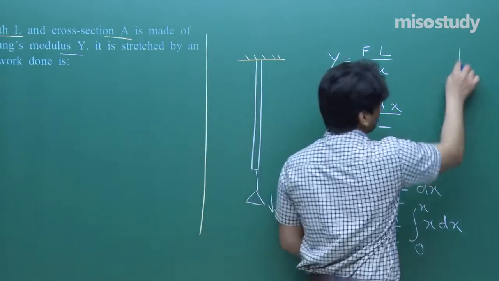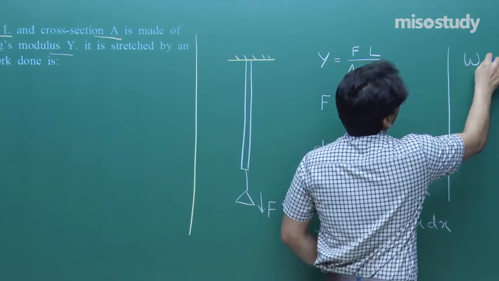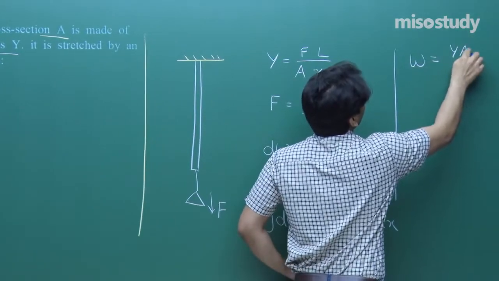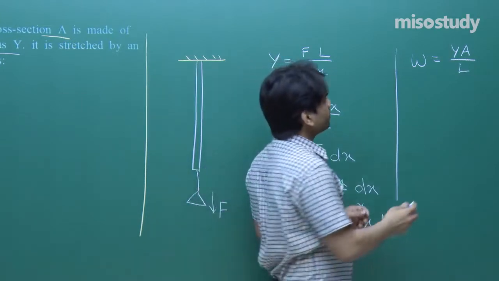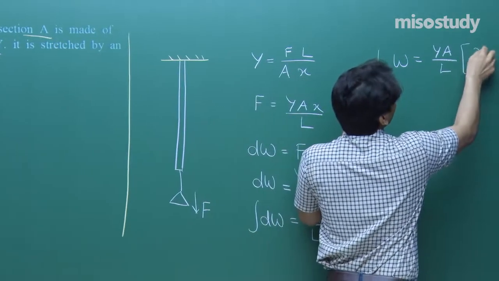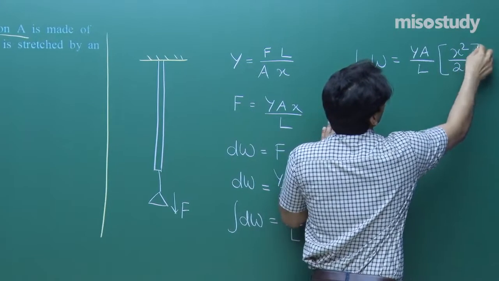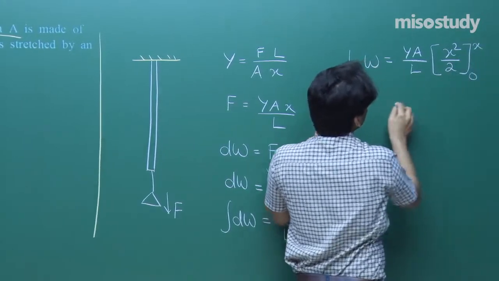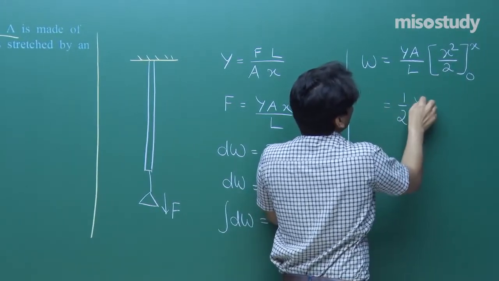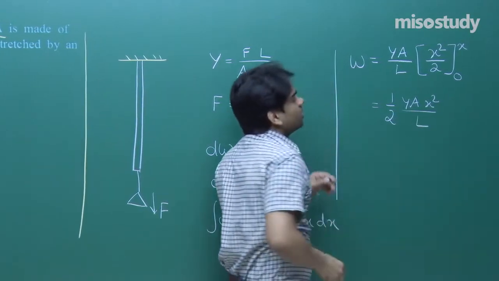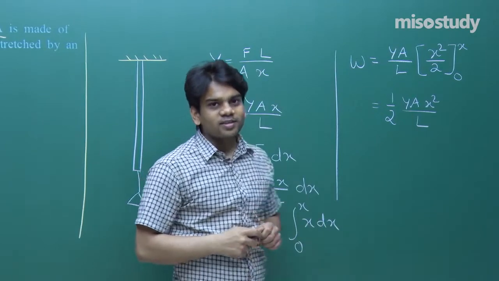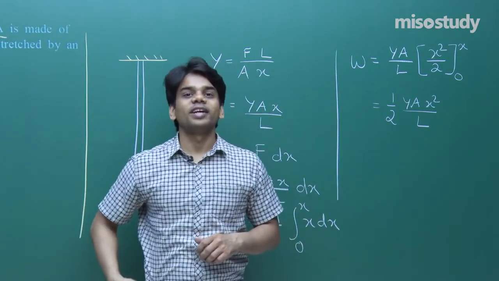YA by L, we need to integrate it. So work done will come out to be YA by L times the integration of X dx, which is X square by 2, from 0 to X. Finally we get half YA X square by L. This is the value of the total work done when the stretch in the wire is of finite length X.